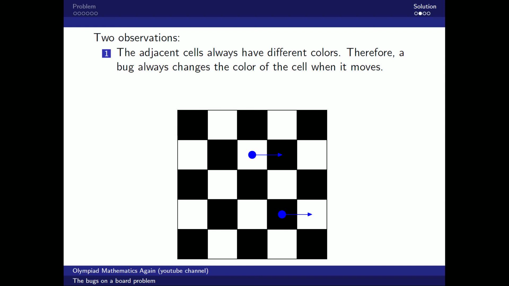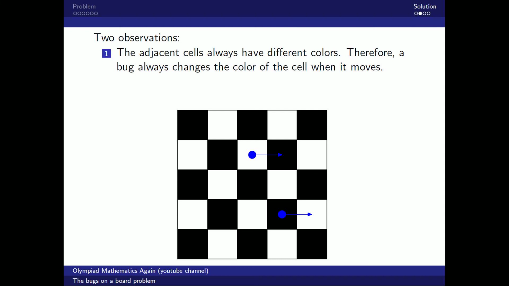The first observation is that in this coloring the adjacent cells always have different colors. If you take any 2 adjacent cells, one of them is always white and the other one is always black. There are no 2 cells next to each other that have the same color.